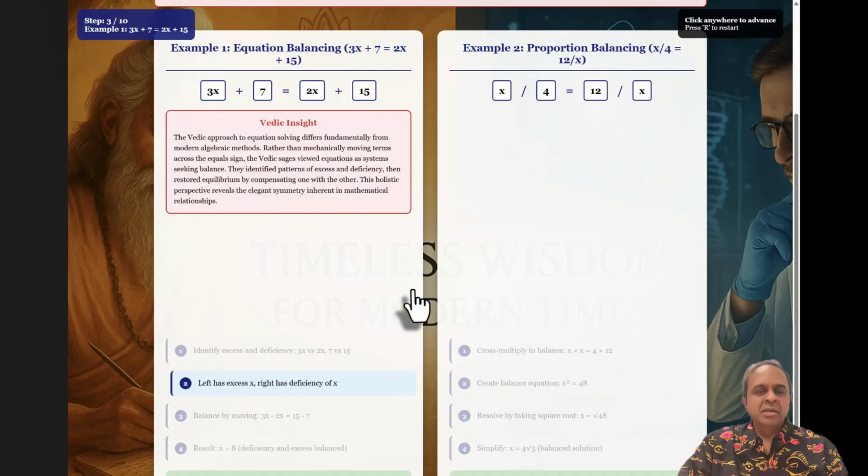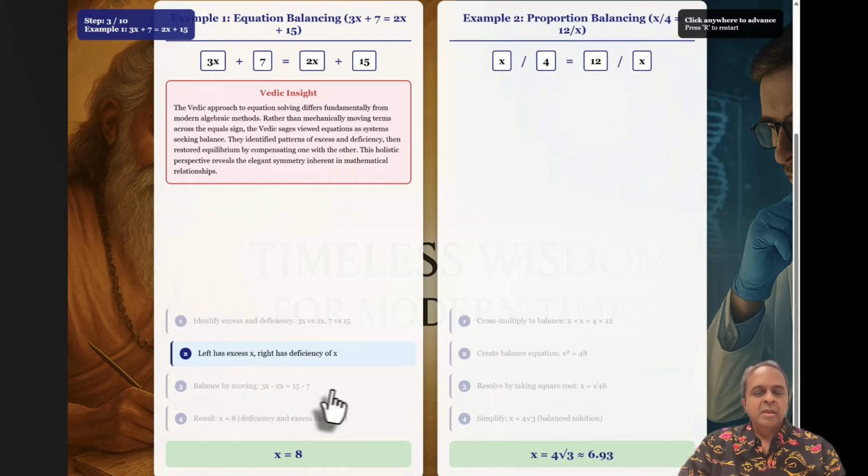So we saw that in step two, there's an excess of x on the left side. When you just look at the x, the left has excess and the right has deficiency. When you look at the constants, the left has a deficiency and the right has an excess, right?